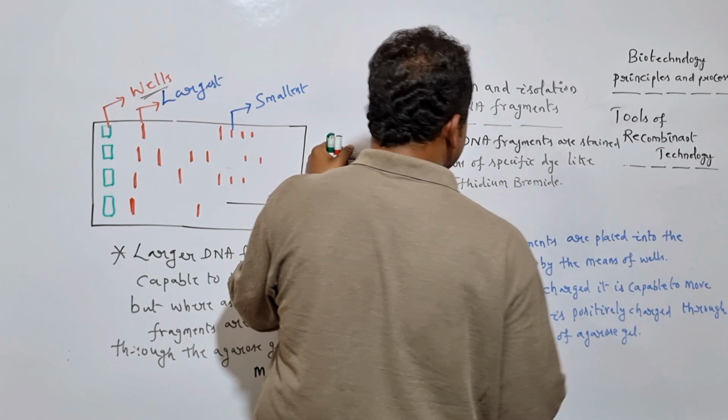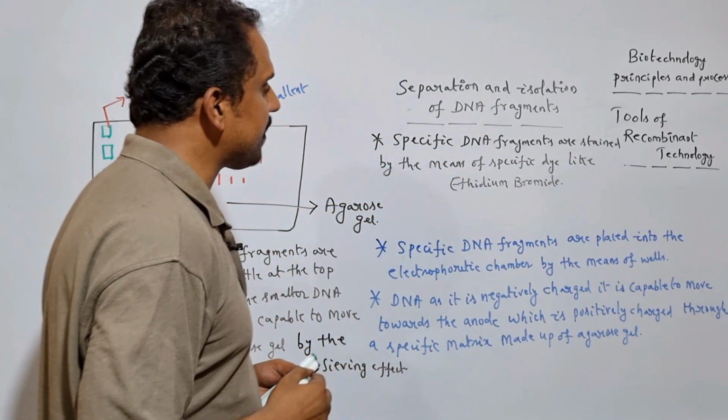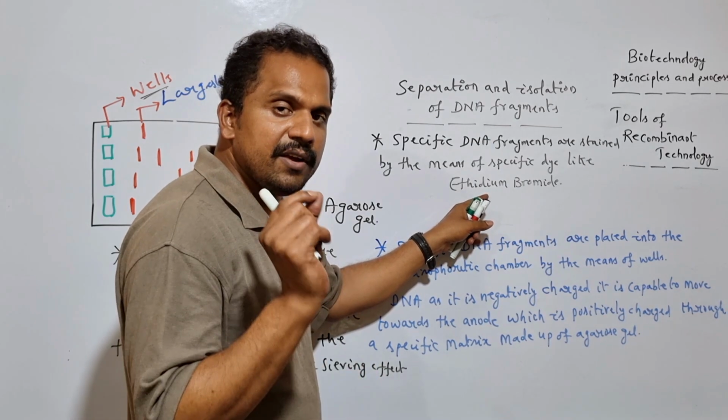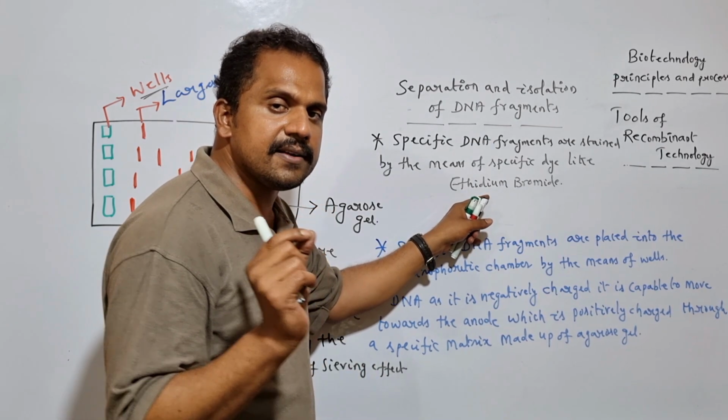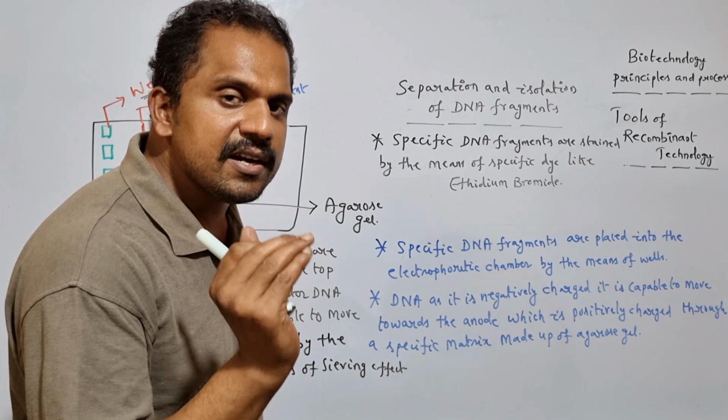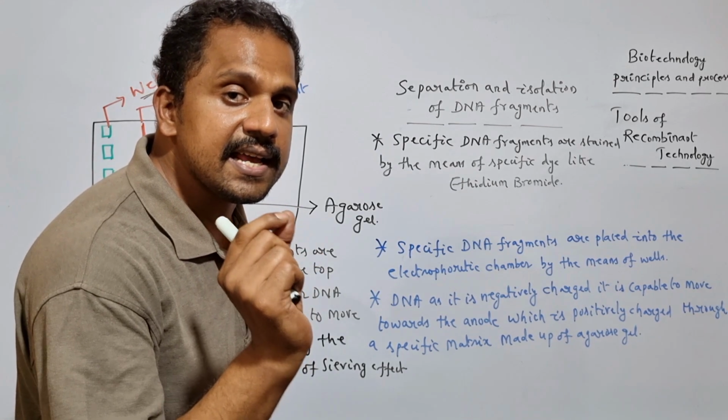So after staining the DNA fragments with a specific dye like ethidium bromide, the entire electrophoretic apparatus is exposed to UV radiation by taking advantage of a specific device termed as transilluminator.